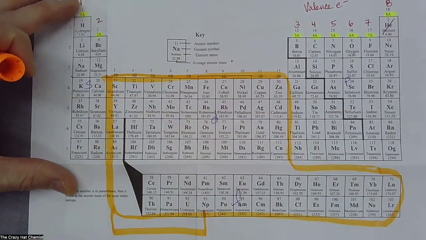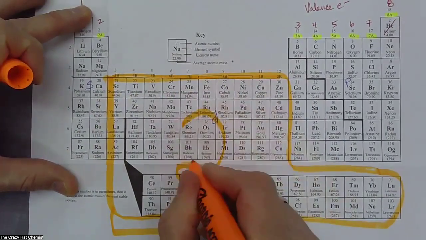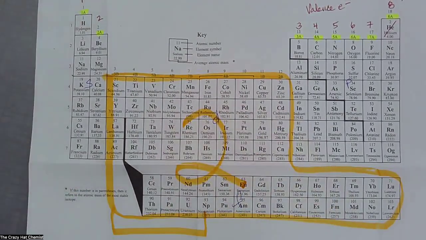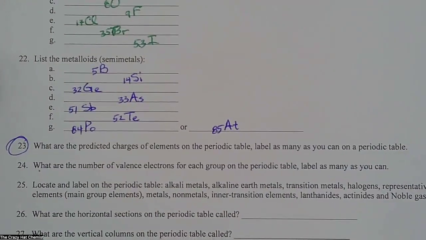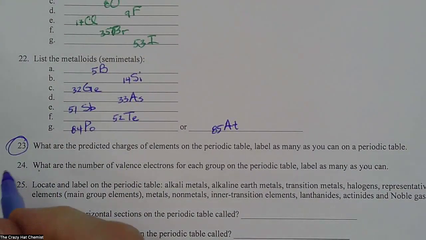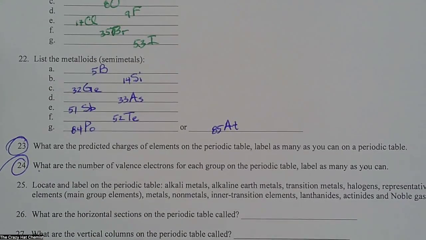So how many boots would you wear? 2 boots. So how many valence electrons if it's a D or an F? 2 valence electrons, 2 boots. Booyah. That answers that question. So now we have answered the question as to where the number of valence electrons are and what they are.